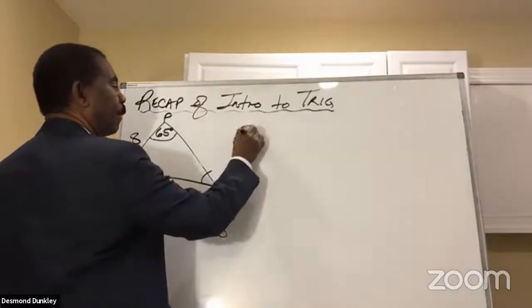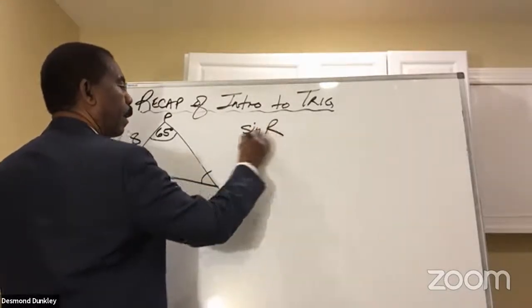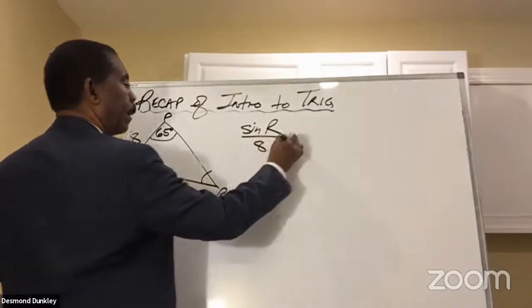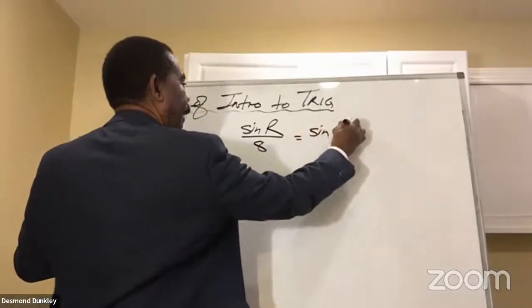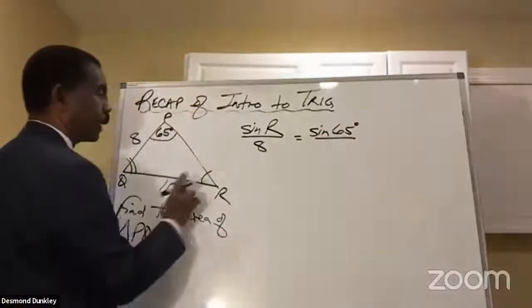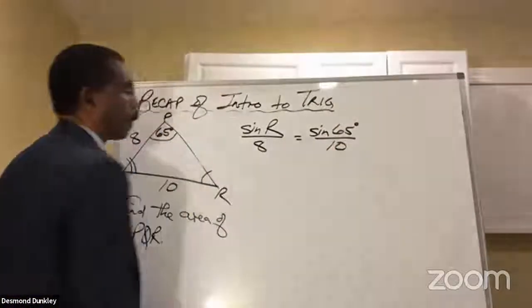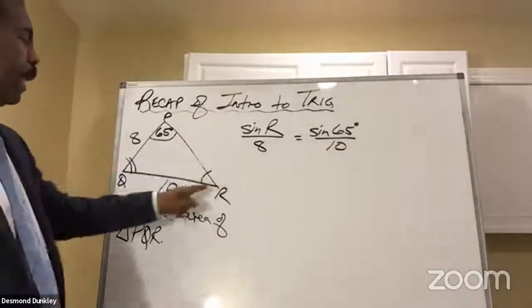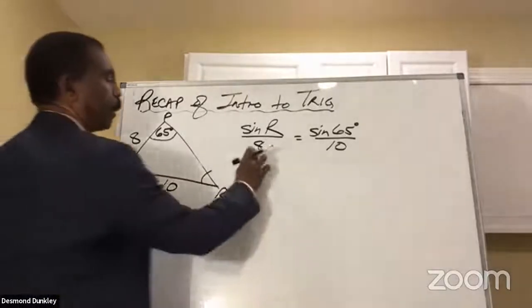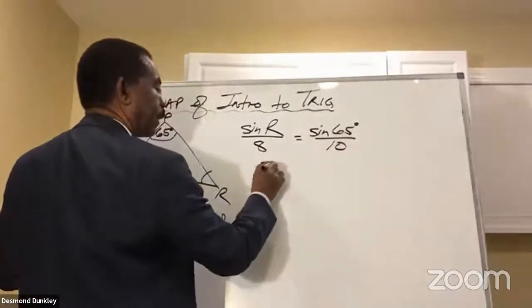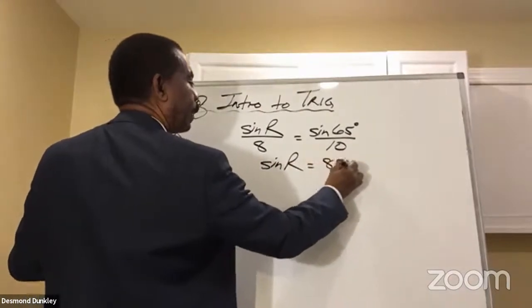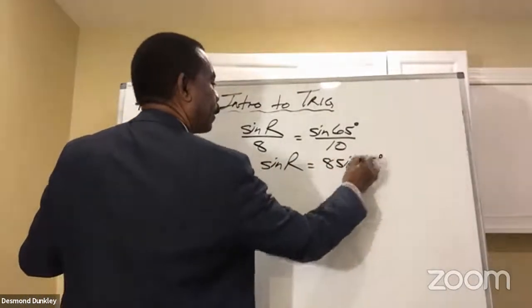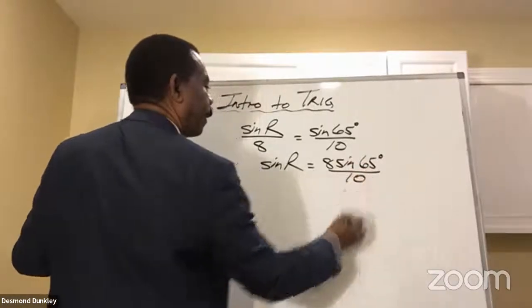We have this pair, but we don't have the angle R. So let's go sine of R over 8 is equal to sine of 65 degrees over 10. And when we solve that, we can get angle R. So multiply both sides by 8, we end up with sine of R equal to 8 sine 65 degrees over 10.